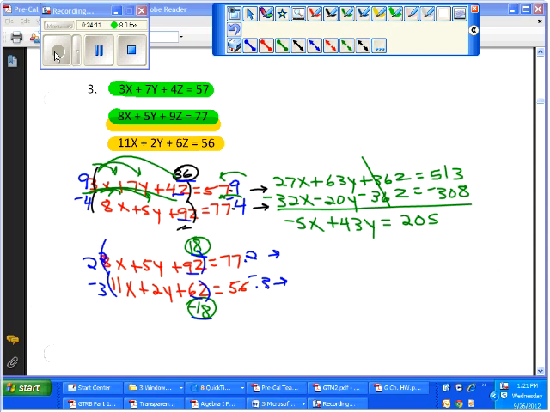Let's see if we got that. And then we distribute. I'll do this in blue. 2 times 8x is 16x. 2 times 5y is 10y. 2 times 9z is 18z. 2 times 77 is 154.